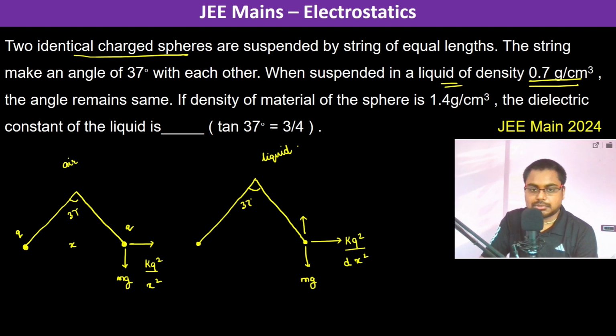The upthrust is rho of liquid, which is 0.7 gram per centimeter cube, into the volume of the sphere into g.